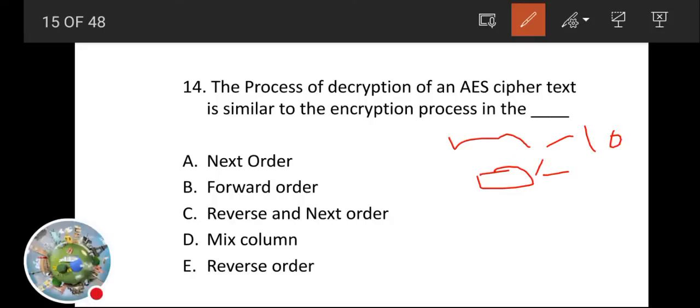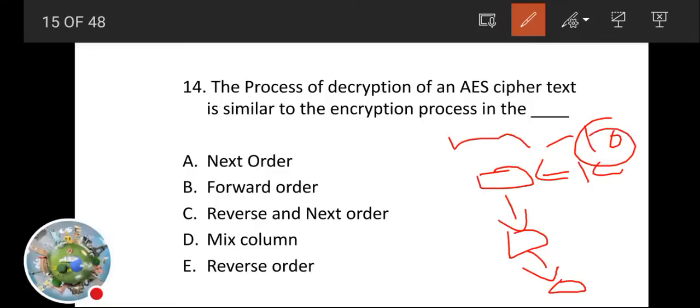Each block is appended with the key, mix column, substituting keys, shifting rows, all those things. Each block's output becomes the input for the next block. Like that it goes up to completion of the message. Once the message is completed, then decryption should be done. Then in what way will the AES algorithm do the decryption? What is the answer?